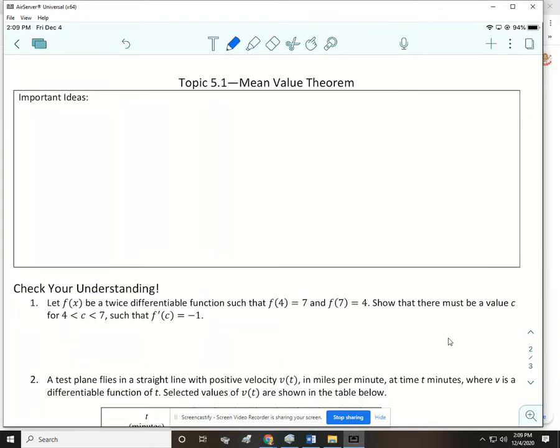All right. So today we're going to talk about the mean value theorem. And even though that seems kind of like a different type of way of thinking about speeding, it is actually related to the mean value theorem. So some important ideas is that if a function f is continuous on the interval from a to b, and this is a closed interval.